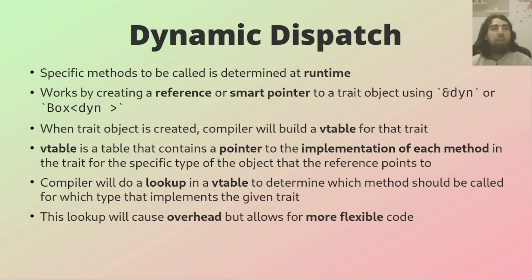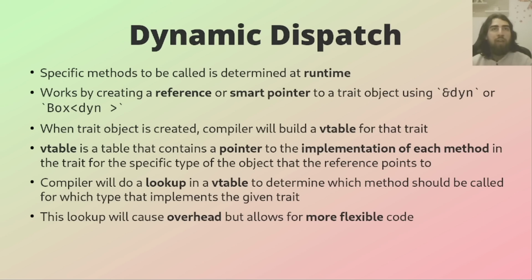The compiler will do a lookup in a vtable to determine which method should be called for which type that implements the given trait. And this lookup will cause overhead but allows for more flexible code. So exactly because of this lookup, static dispatch is faster than dynamic dispatch.